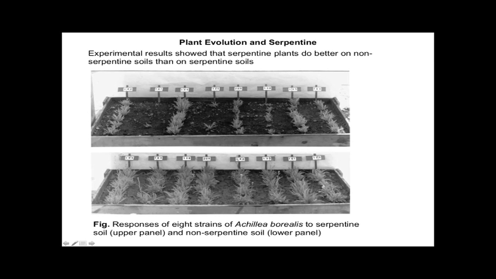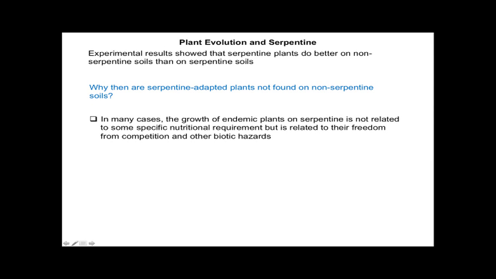So serpentine plants do better in non-serpentine soils. Why then are serpentine-adapted plants found only on serpentine soils and not on non-serpentine soils?